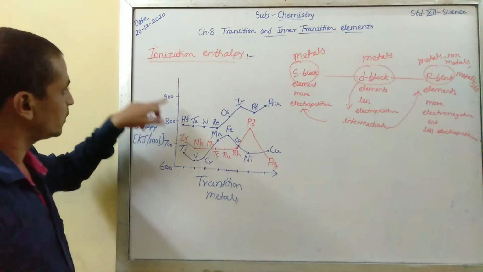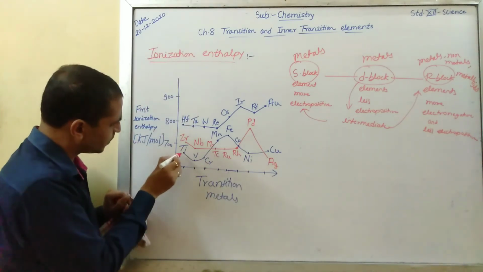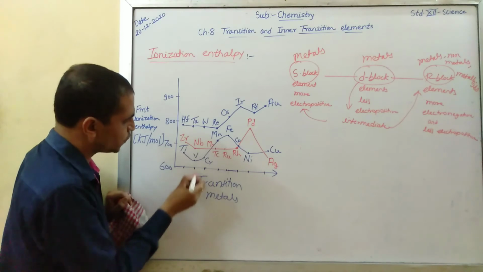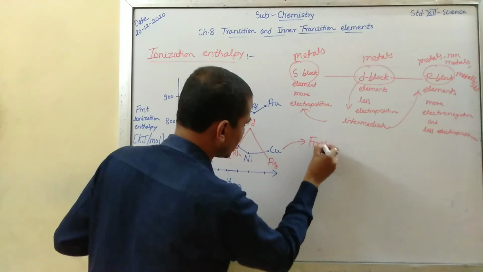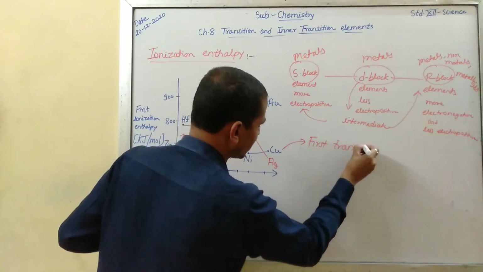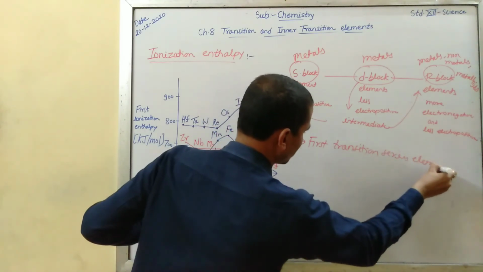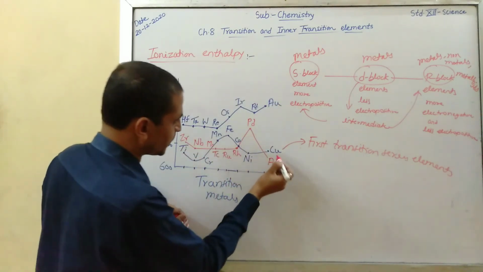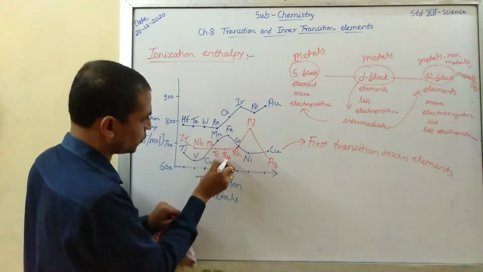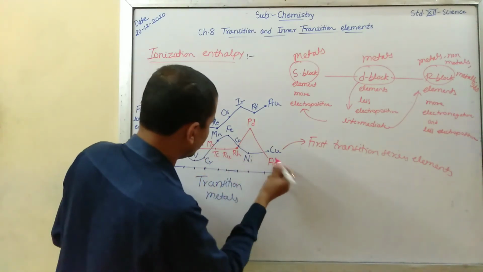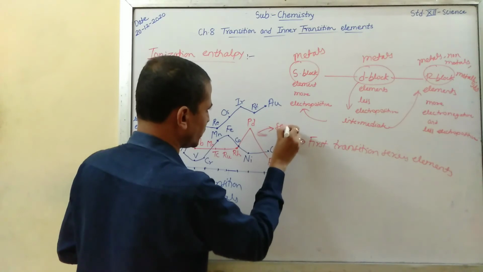Now come to this table. See, titanium, vanadium, manganese, Fe, they show the first transition series elements. And see these: zirconium, niobium, molybdenum, then technetium, ruthenium, rhodium, etc. They show the second transition series.